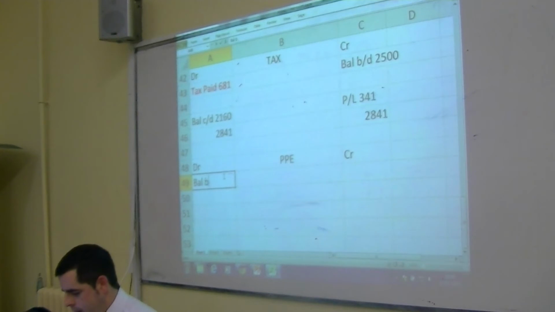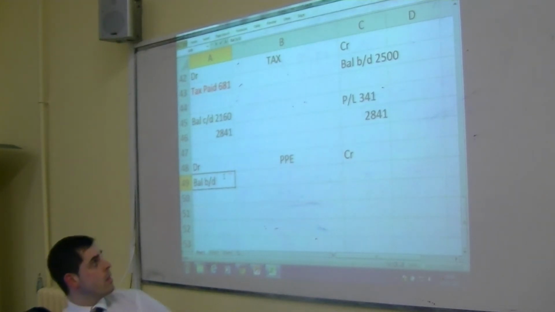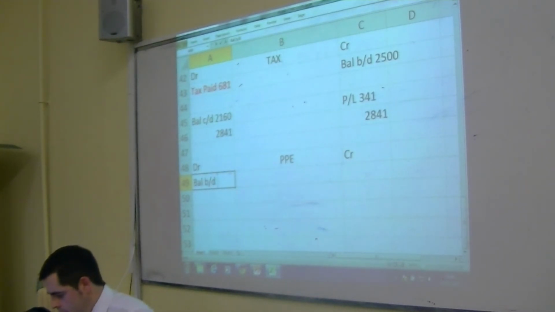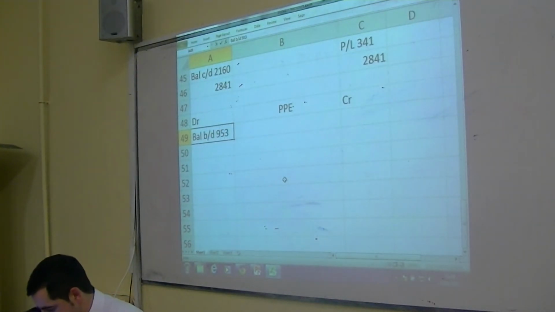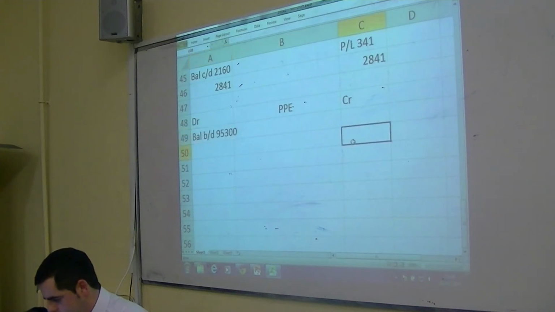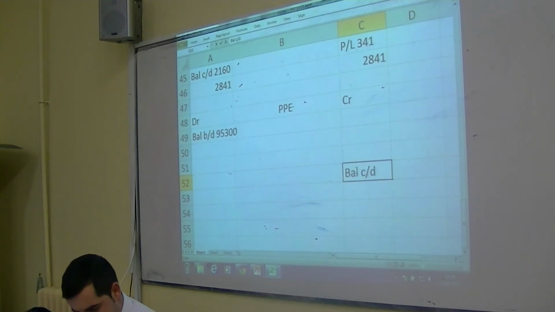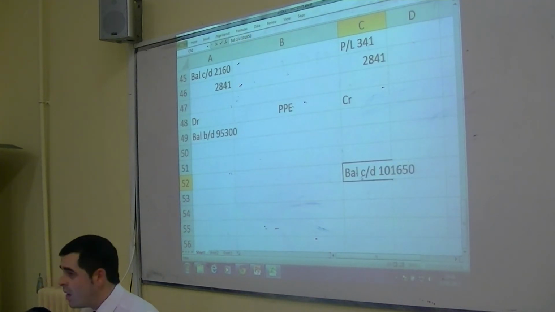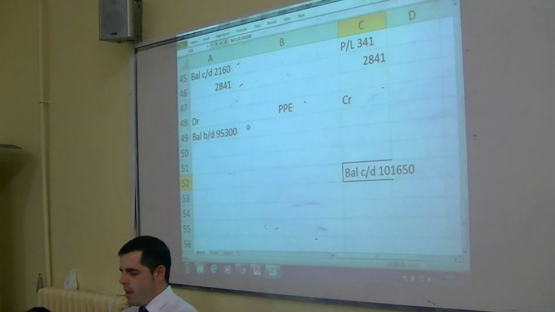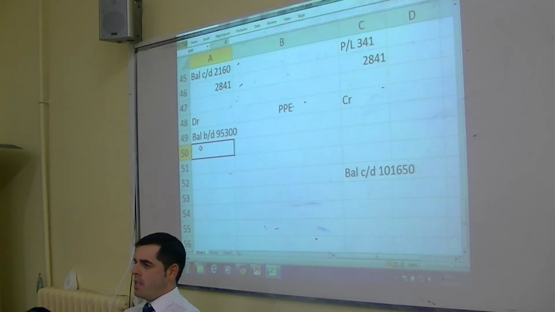So we start off there with our balance brought down, assets, property was 95,300, and the closing was 101,650. Alright?